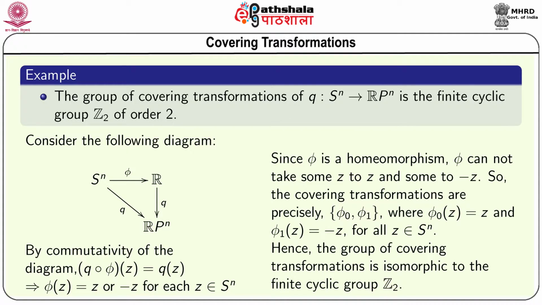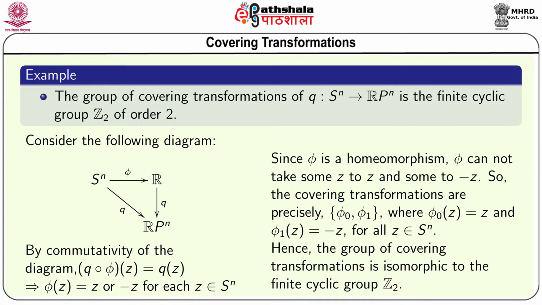So, the covering transformations are precisely phi 0 and phi 1, where phi 0 is the function which takes all the points of Sn to the same point, that means the identity function, and phi 1 of z is equal to minus z for all z belonging to Sn.